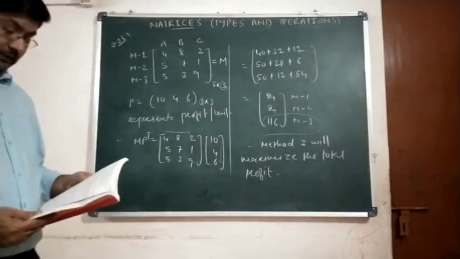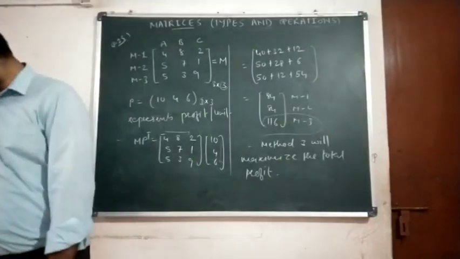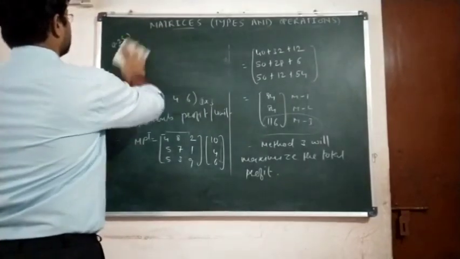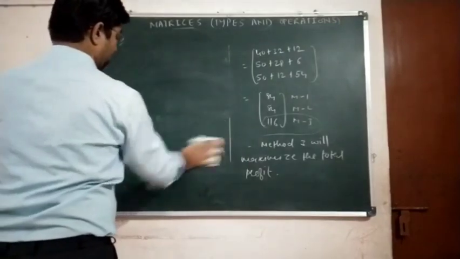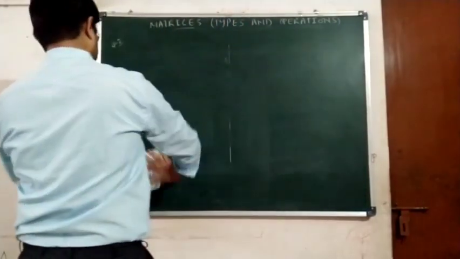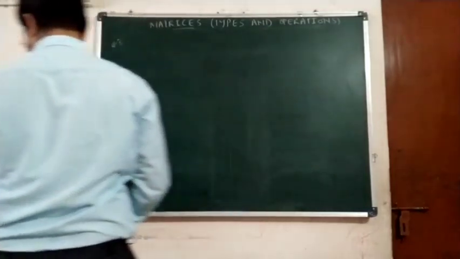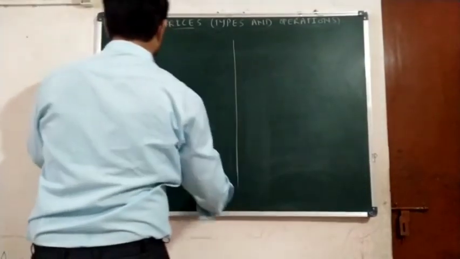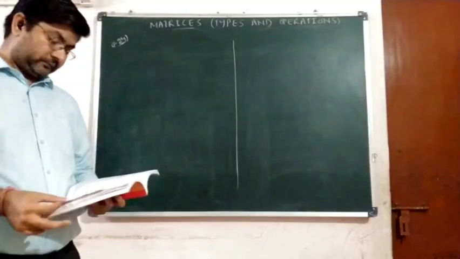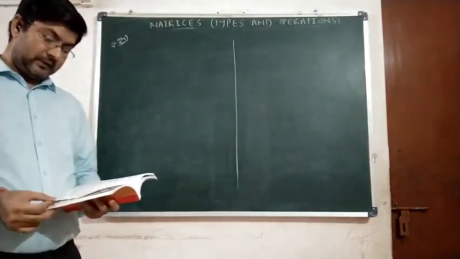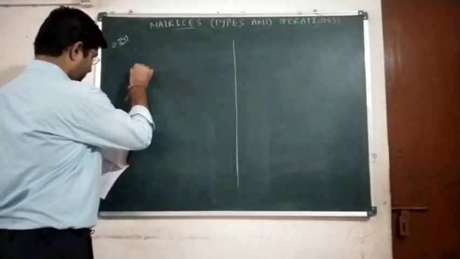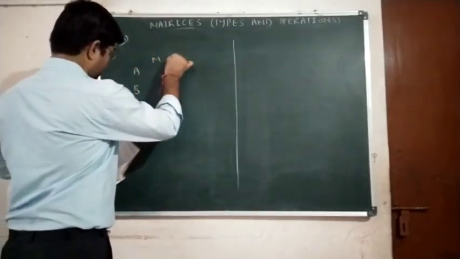Okay, now question number 24. There are two families A and B, and there are 2 men, 3 women, and 1 child in family A. So let us draw a matrix for the given data.